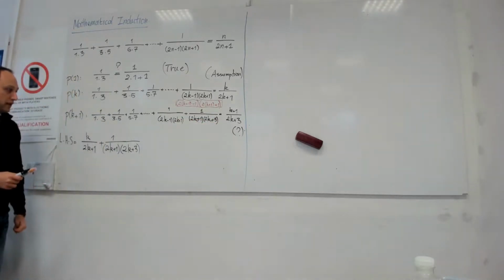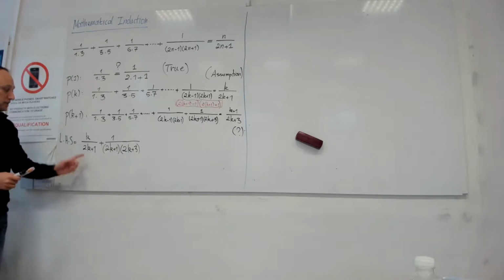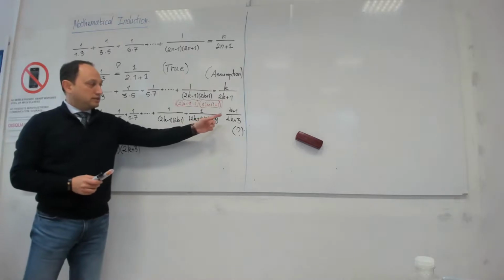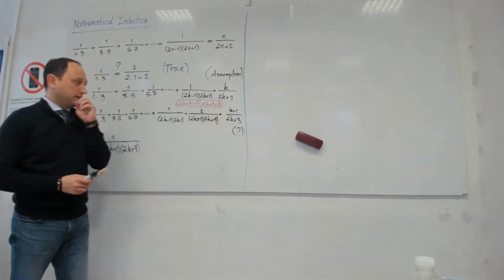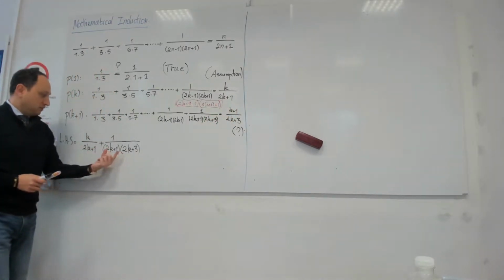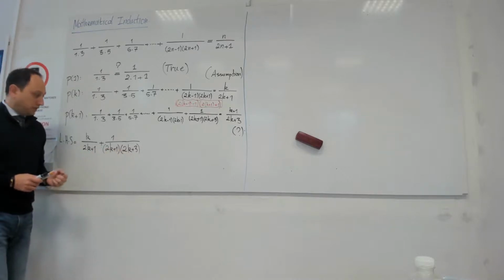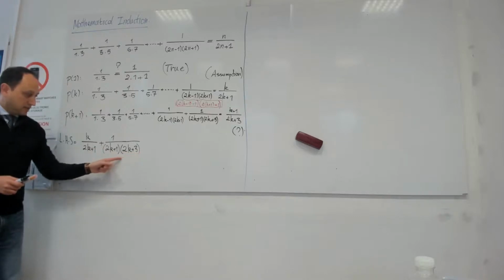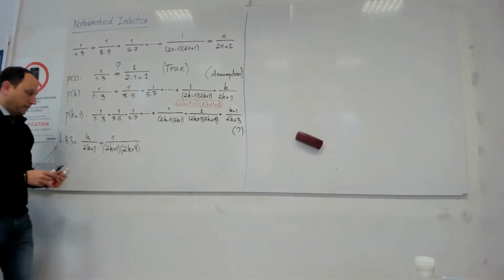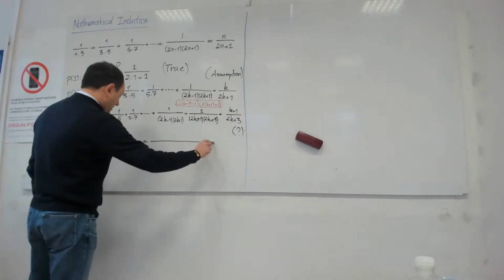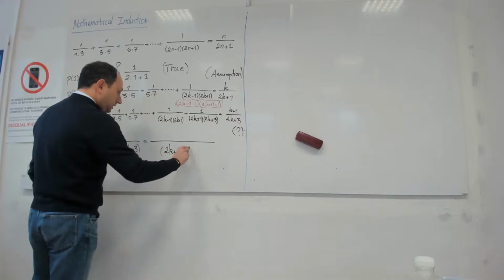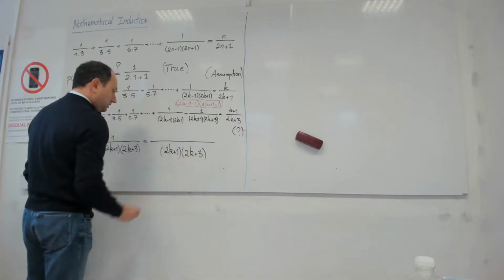Okay, how can I do that? Here I see that I have two fractions involved, but when I look at the right-hand side, there's only one fraction. So this might motivate taking the common denominator. The common denominator between this and that is this expression, because it contains itself and it also contains this one. So I take the common denominator 2k plus 1 times 2k plus 3.